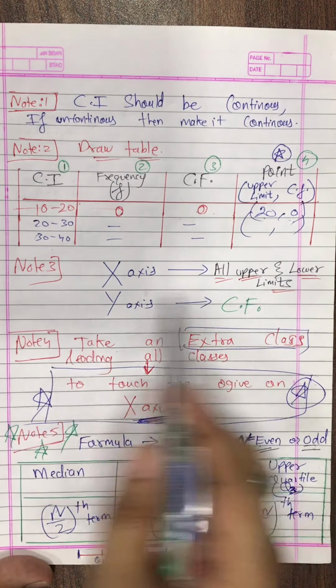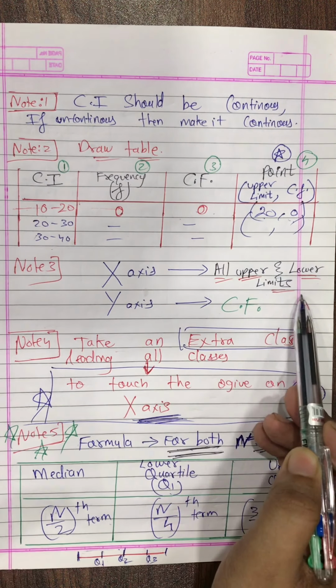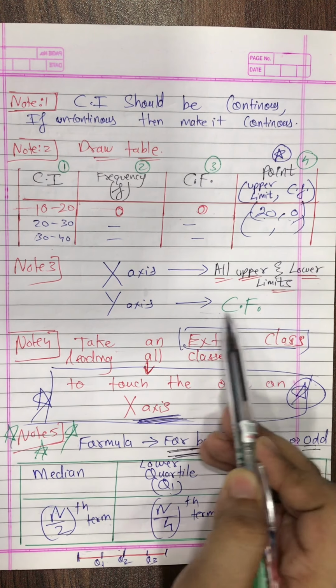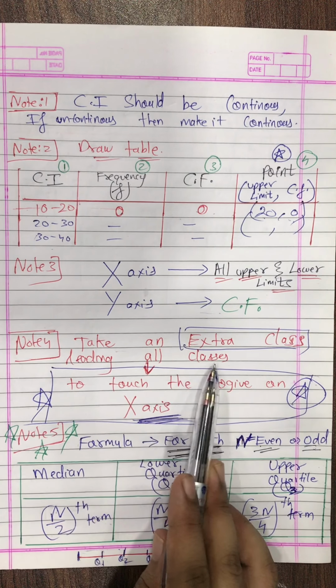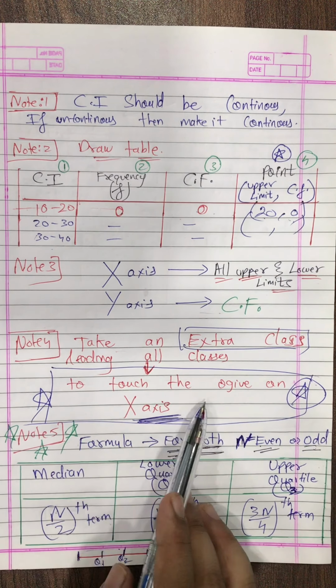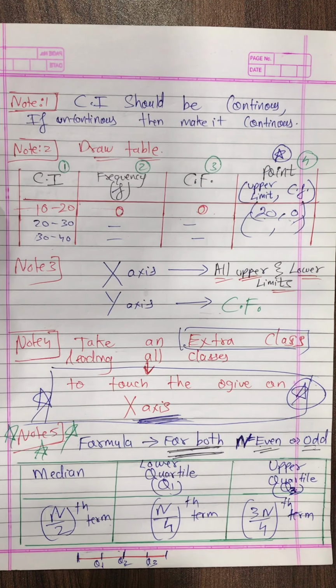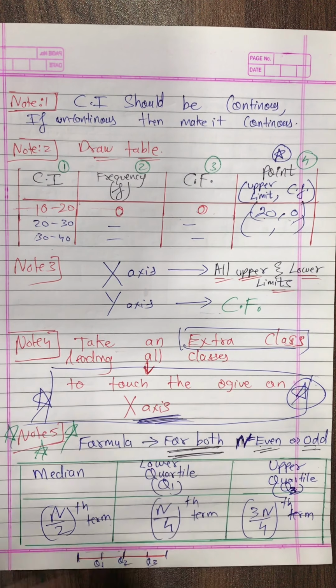Whenever we plot on the graph, on the x axis we plot all the upper and lower limits. How to do it I'll show you when we draw. And on the y axis we plot cumulative frequencies. Take an extra class leading all classes to touch the ogive on x axis. You have to take an extra class yourself, it is not in the question, you have to look at the question and take an extra class, and with the help of that our ogive touches the x axis.